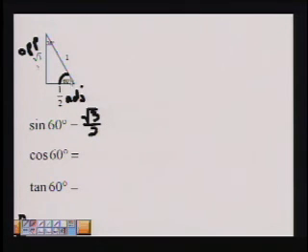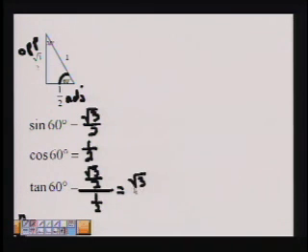The cosine of 60 degrees is 1/2, again divided by 1. And the tangent of 60 degrees is radical 3 over 2 divided by 1/2. Again, we'll simplify this complex fraction by taking radical 3 over 2 times the reciprocal of 1/2, which is 2 over 1. My 2's cancel again, and I'm left with radical 3 over 1, which is just radical 3.